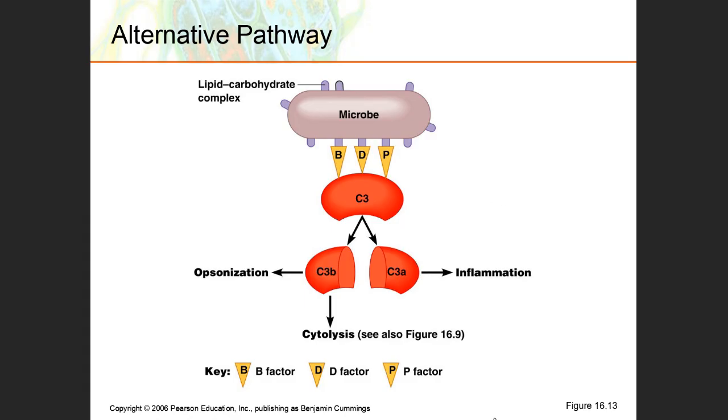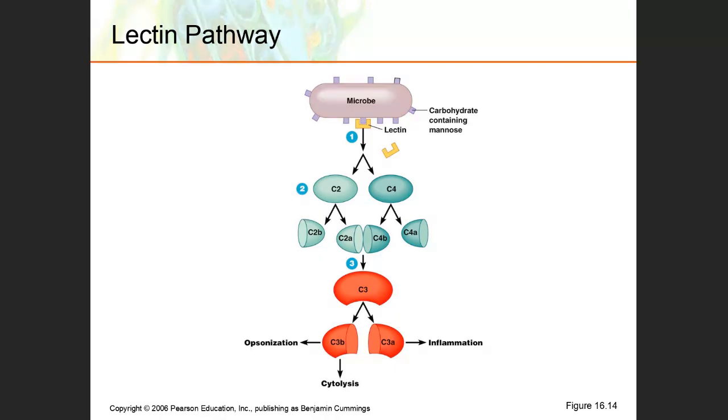And the last way, just to mention it, the lectin pathway. So lectin is a substance that can bind to pathogens, and analogous to an antibody can activate the complement cascade. It's not the exact same cascade, it's very similar, but the end result is the same, right? The protein tubes that poke holes through cell membranes.